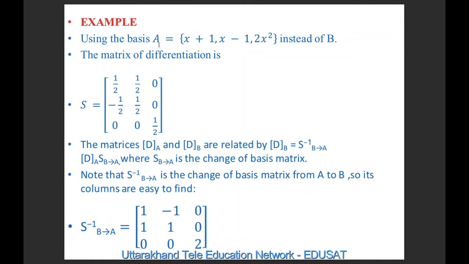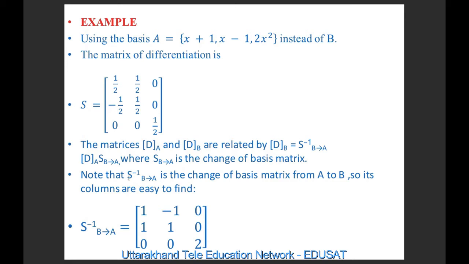Using the basis A equal to {x plus 1, x minus 1, 2x square} instead of B, the matrix of differentiation is 1 upon 2, 1 upon 2, 0; minus 1 upon 2, 1 upon 2, 0; and 0, 0, 1 upon 2. The matrices Da and Db are related by Db equal to S inverse BA, Da, SBA, where SBA is the change of basis matrix.